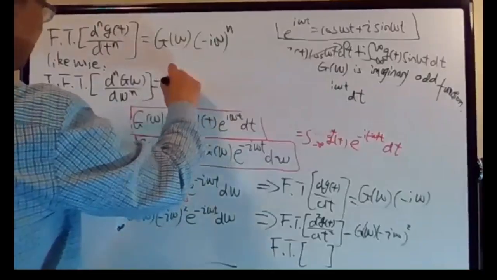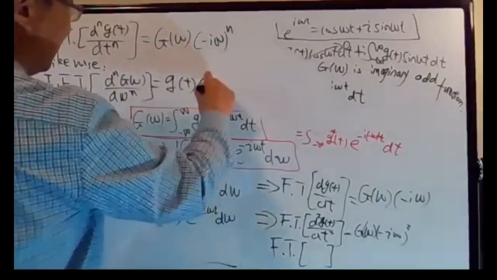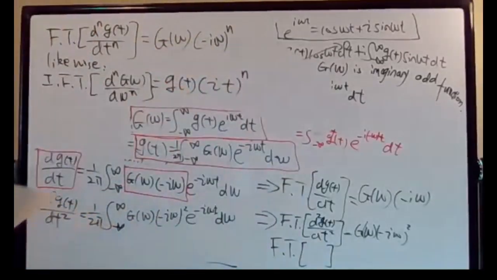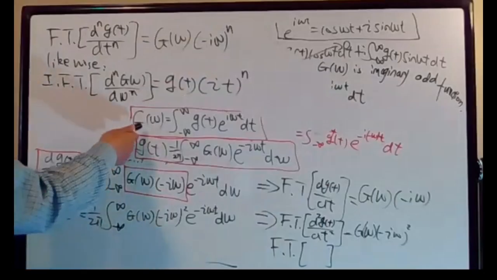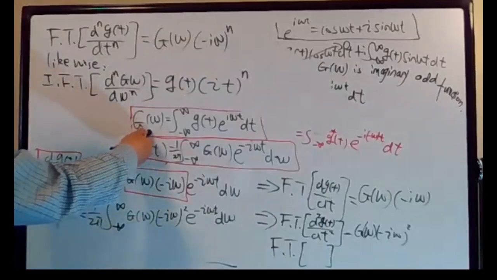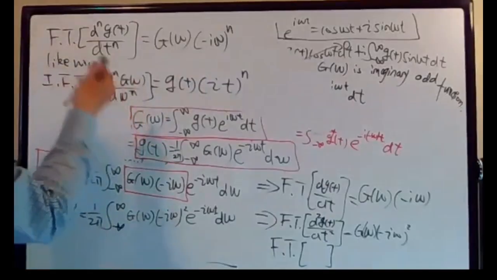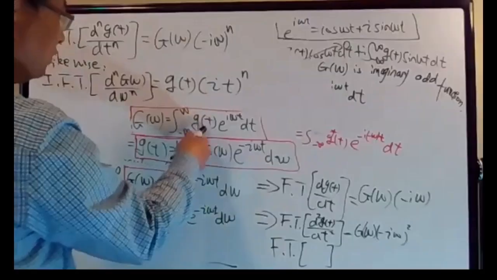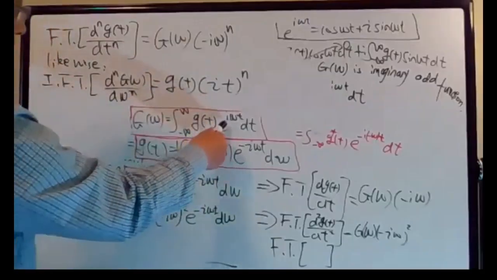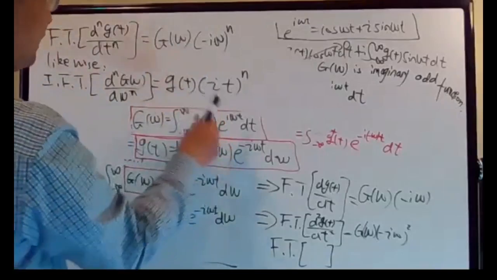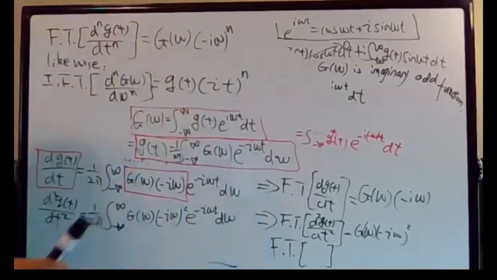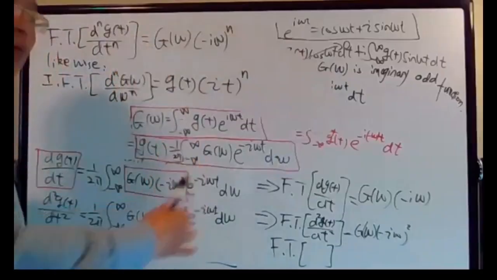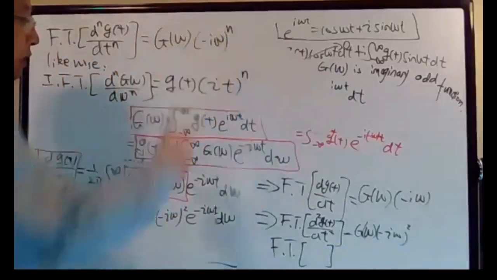So this will be g(t), times i t to the nth order, right? Because once you take a derivative on the Fourier transform term, the only term that has omega is exponential i omega t. Each derivative, we have one i t falling down, and then we just put it to the nth order.